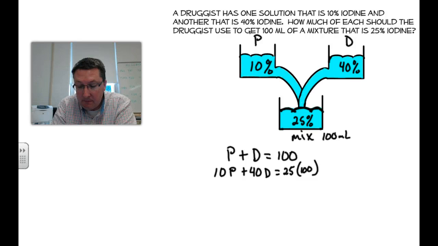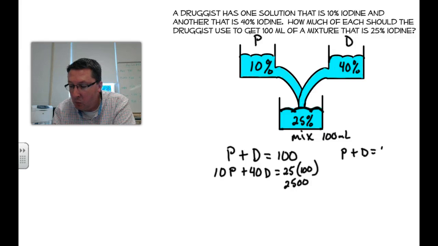So if I multiply that out, that is 2,500. So pouring plus dumping equals 100. 10P plus 40D equals 2,500.